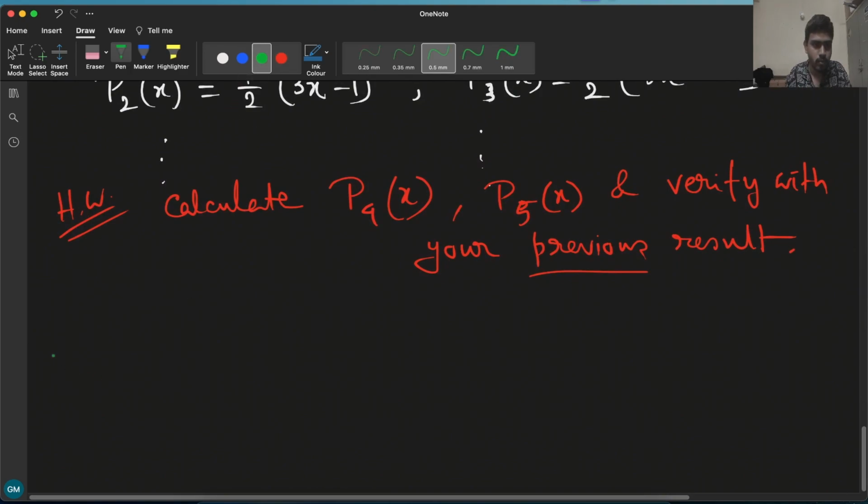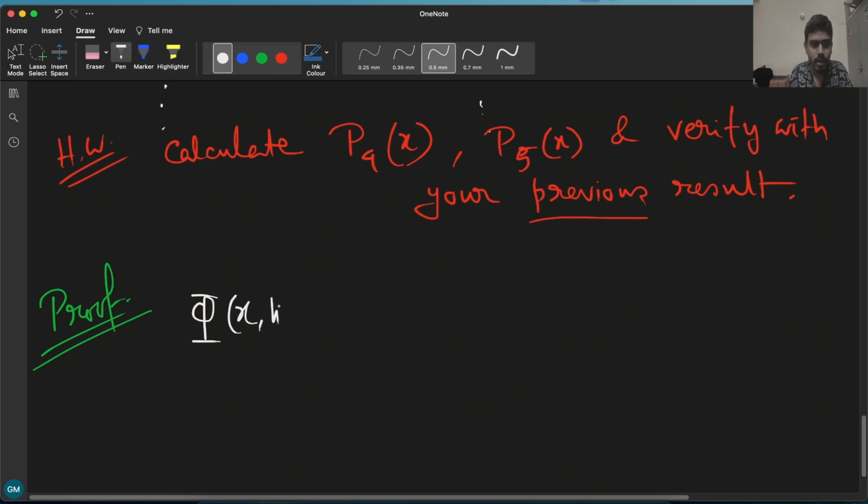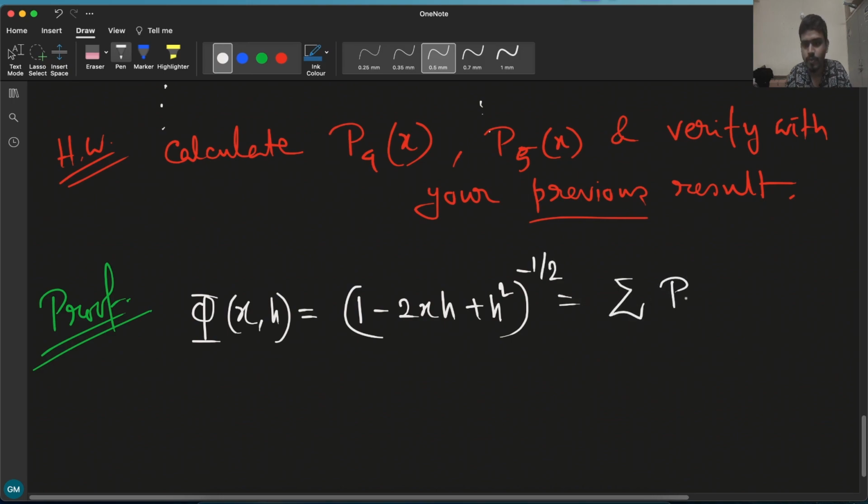So the claim is basically phi(x,h) equals 1 minus 2xh plus h square whole to the power minus half equals the sum over p_l(x) h to the power l, l equals 0 to infinity.